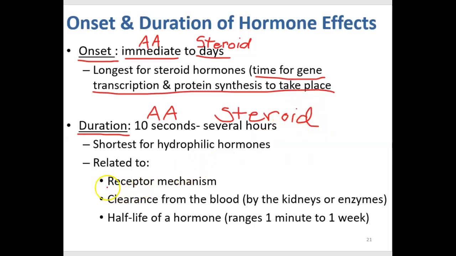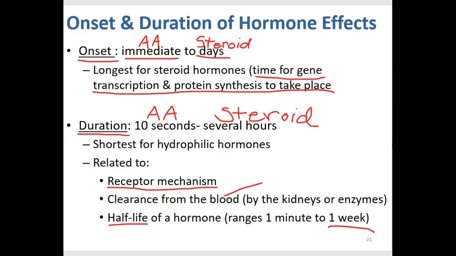And it's related to which receptor mechanism each of these use, but it's also related to how well we clear that hormone from our blood. So kidneys are always filtering our blood, and hormones get broken down and cleared from our bloodstream periodically. And it takes longer to clear steroids from the blood. And also steroids have a longer half-life, so they'll just live in the blood longer and still be functional.